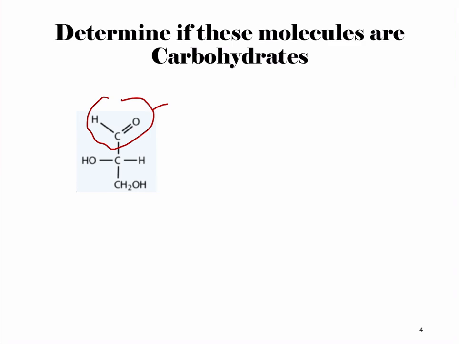Double bond O and right next to an H, that means it's an aldehyde, right? So this is an aldehyde, so that's good. And then the other requirement for the definition was it had to be polyhydroxyl. Is this polyhydroxyl? Yes, because we have one OH here, one OH here and one OH group there, right?